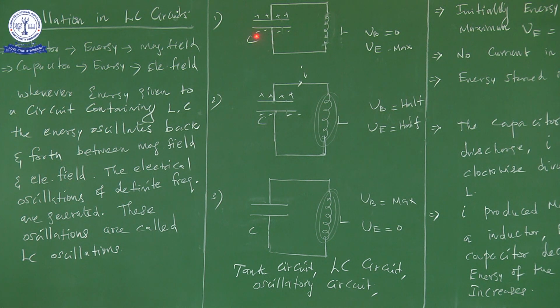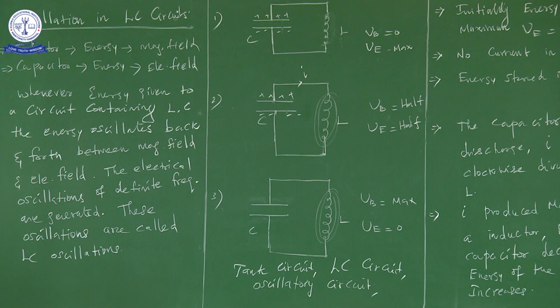Why? Because initially we have electric field energy 100% and magnetic field energy 0. Then after allowing discharging, the charges from the capacitor move towards the inductor, and after some time we can calculate the energy of the inductor and the capacitor. The electric field energy is 50%, and the magnetic field energy is 50%. This magnetic field came from the capacitor: 50% of the charges moved in the form of current to the inductor, the inductor received the current, and it was converted into magnetic field.